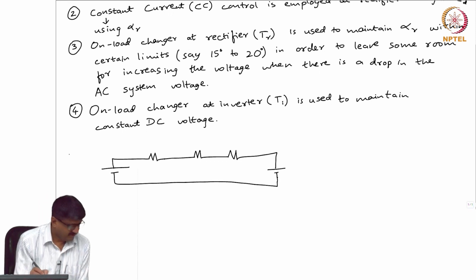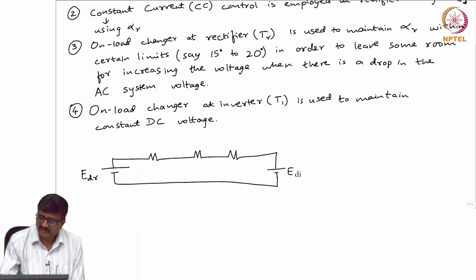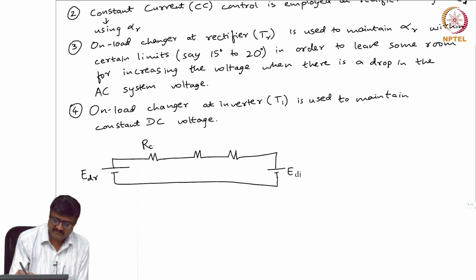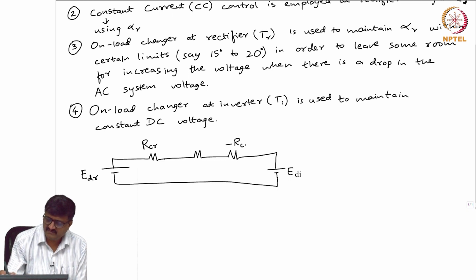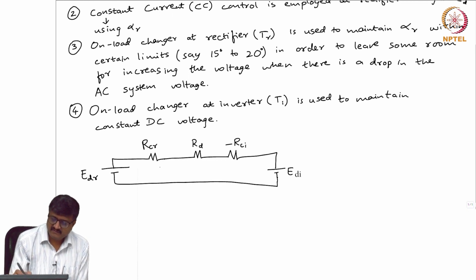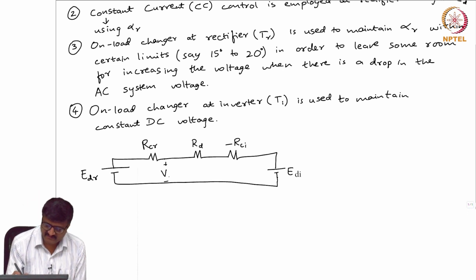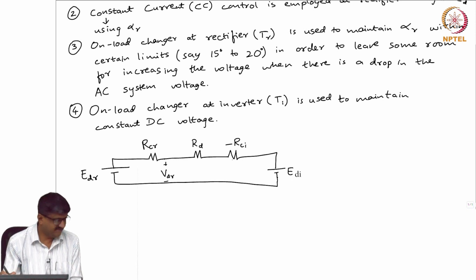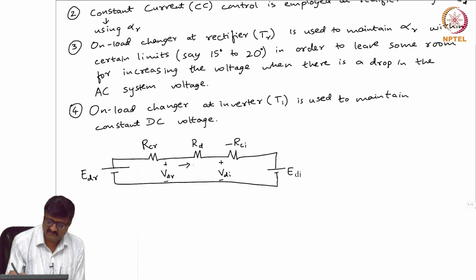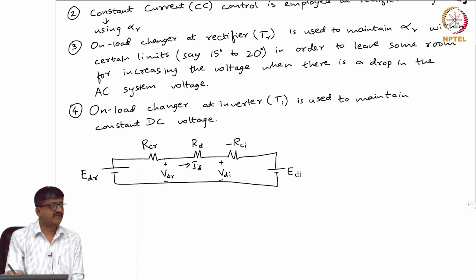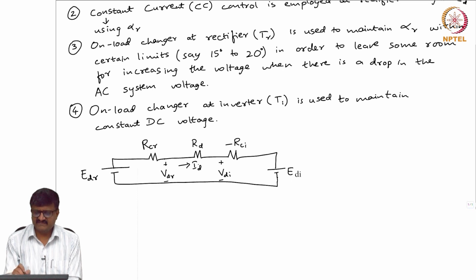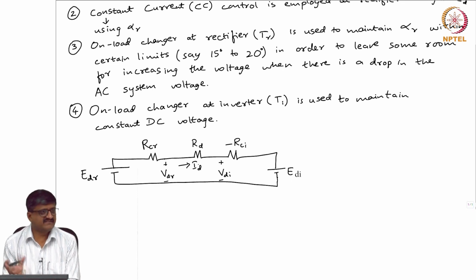So, I have the voltage EDR here, EDI, RCR, minus RCI, RD. RD is the physical resistance of the transmission line, and the voltages which are actually present in a physical system are VDR and VDI, and ID is also a physical current that flows in the DC transmission line. But RCR, RCI, EDR, EDI are just representations.